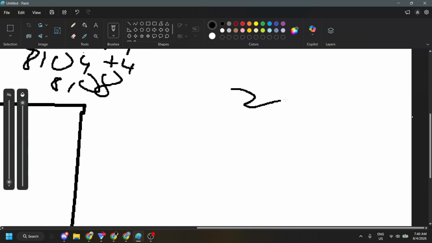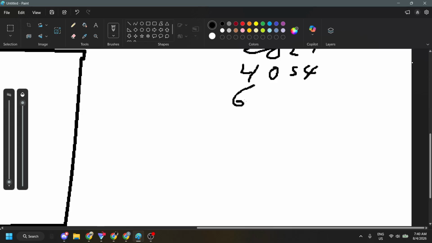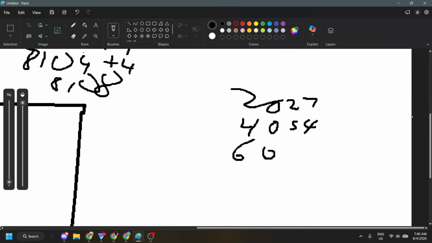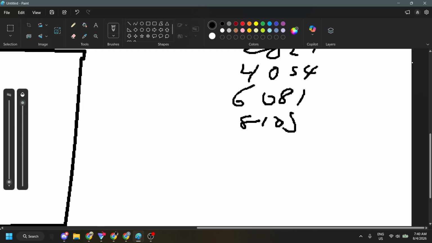So our options now are 2027. 2027 times 2, which is 4054. 2027 times 3, which is 6081, and 8108. So these are our 4 options.